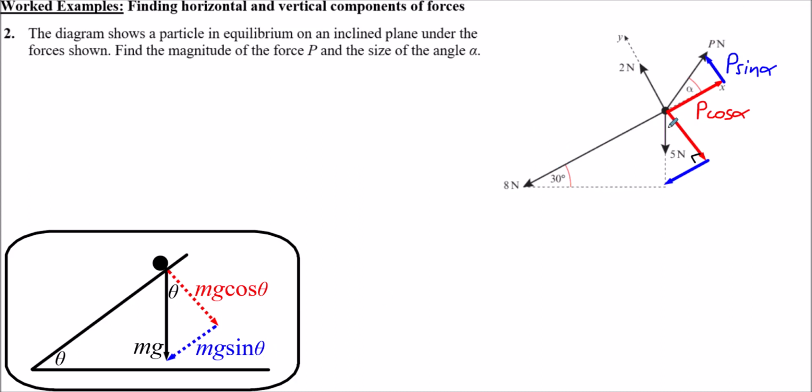So I'm going to label this angle here 30, so it's clear where it's come from. I know it's 30 because this one's 30. So this component here will be 5 cosine 30, whereas this parallel component will be 5 sine 30.